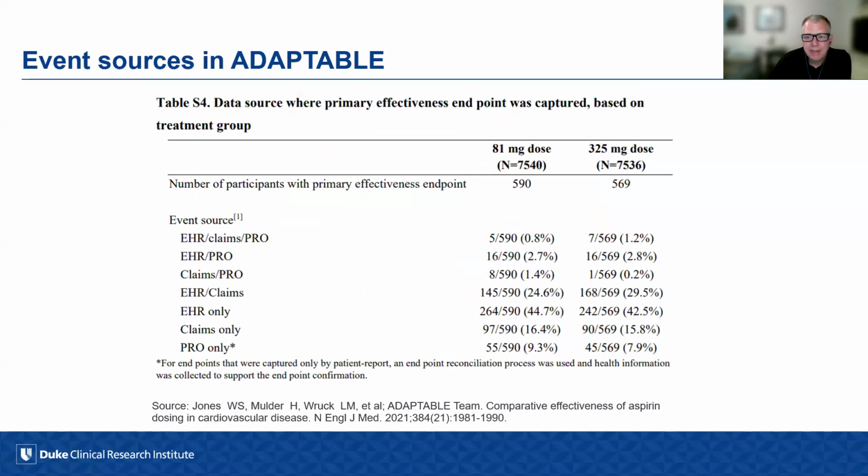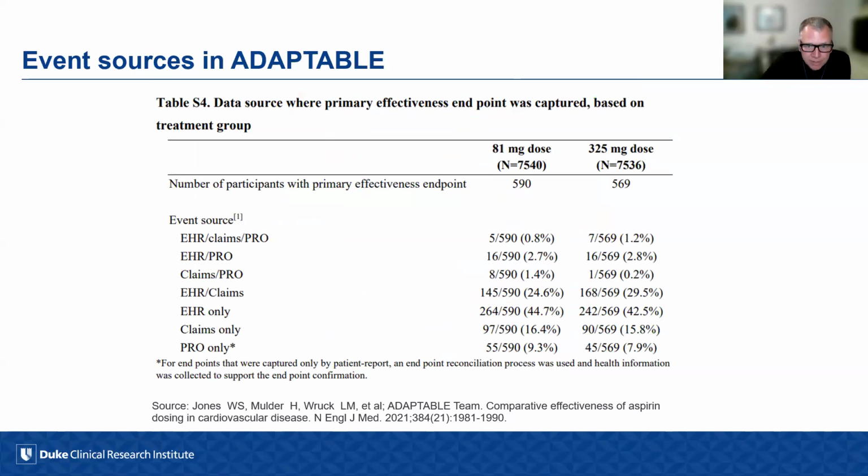In the end, endpoints did end up coming from a variety of places. For the most part, EHR and claims made up, let's say, 90% of all the events that we actually included in the final analysis.